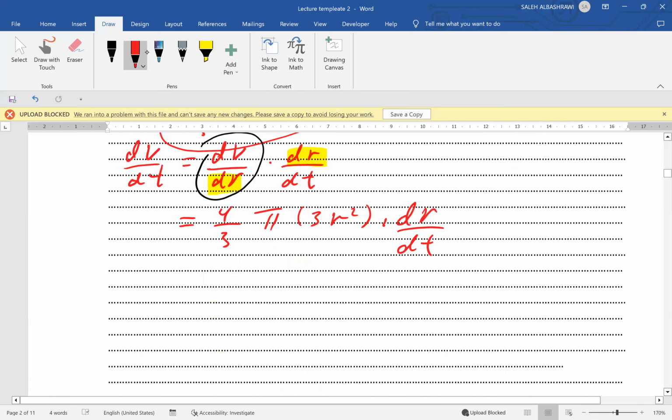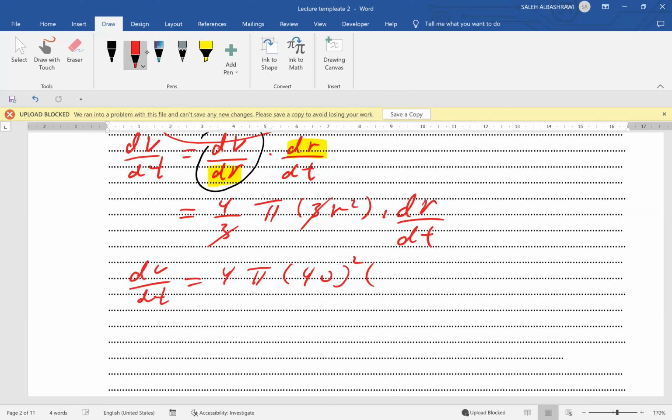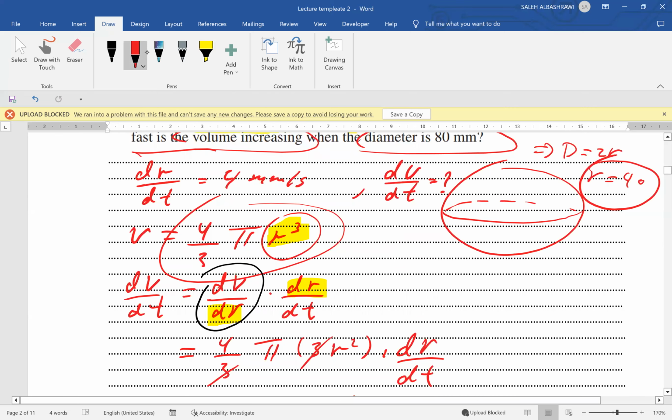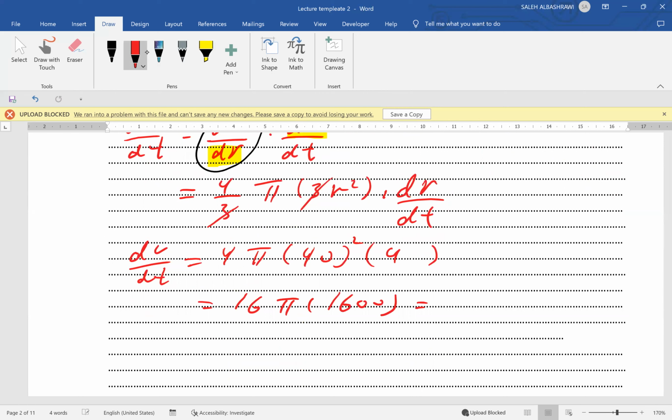So dv by dt is equal to, I can cancel this 3 with 3, it will be 4 pi by 40 squared multiplied by 4. So we got this.